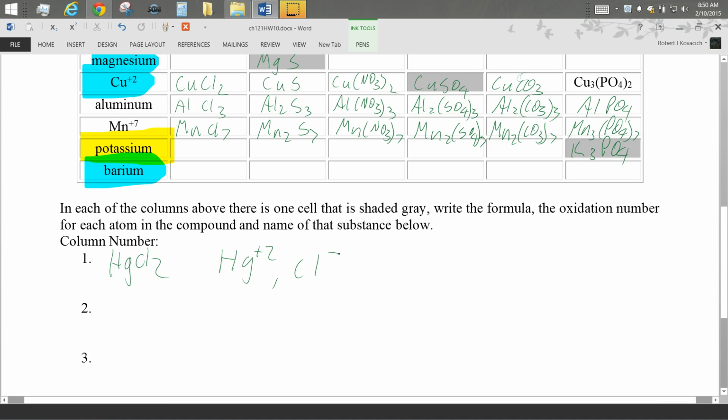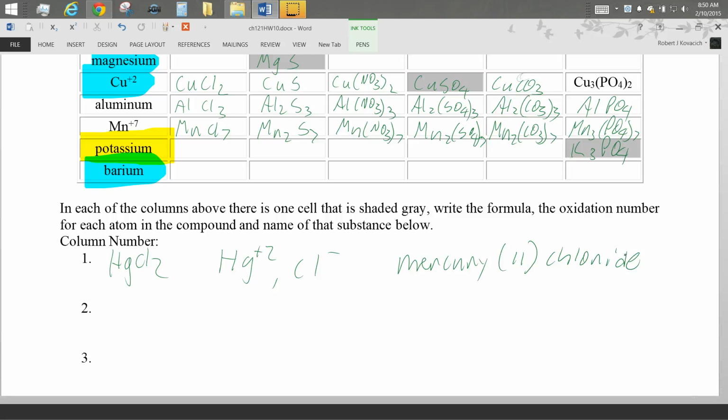And what's the name of this? Mercury 2 chloride. Why do I need the 2? Because it has different oxidation states. Because it could be a 1. So since it has the ability to have more than one charge, I have to be told what the charge is.